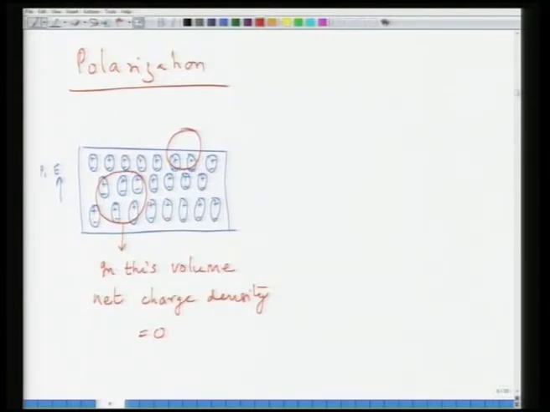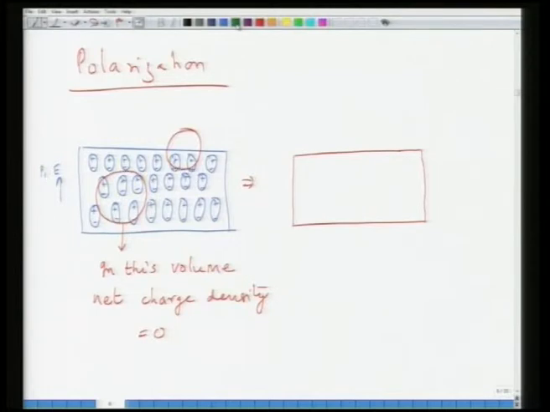So, within most of the material's volume the charge density is equal to 0, and only on the surface, because the material is polarized, you have some finite charge density.